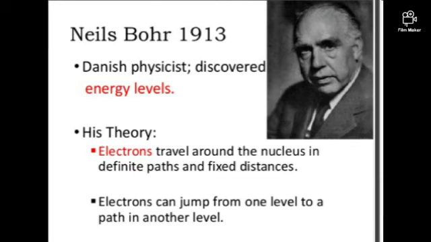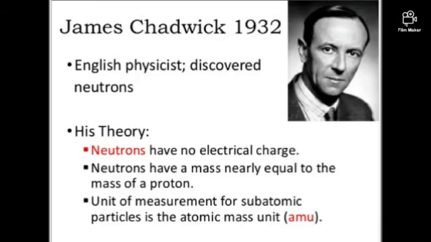So his main theory was that the electrons travel around the nucleus in definite paths and fixed distances. Electrons can jump from one level to another. So till now the scientists had assumed, and it was proven, that the atom can be divided, but only into electrons and protons.